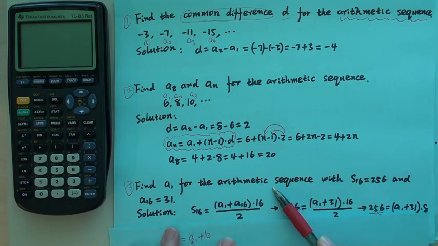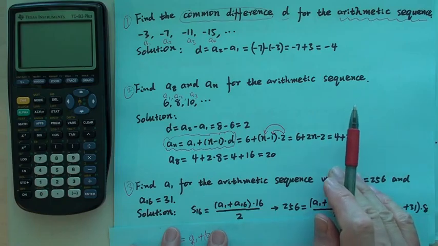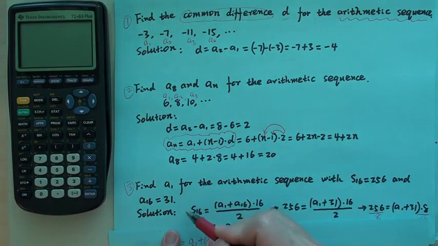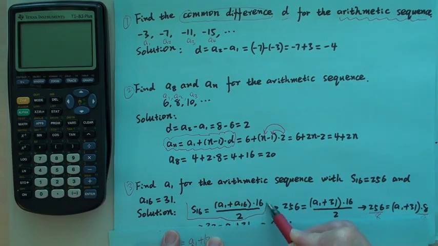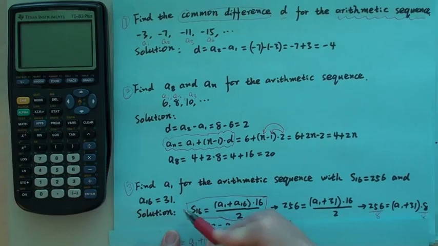Remember, the sum of the first 16 terms is given by a formula like this: it is always the first term plus the last term, times the number of terms, divided by 2. This is the formula. To see why, I have other video clips, so you may go there to see.